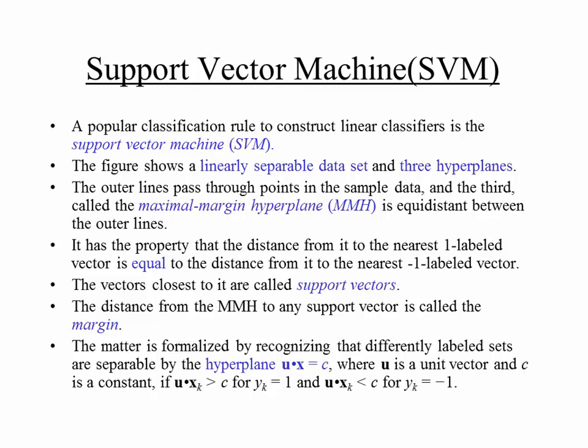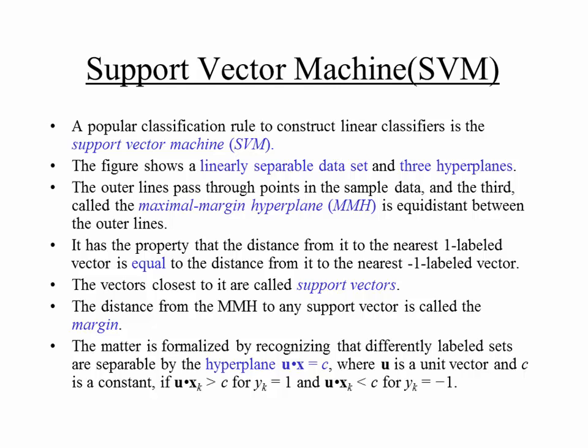A popular classification rule to construct linear classifiers is called the support vector machine. The figure that I showed you shows a linearly separable data set and it shows three hyperplanes. The outer lines pass through points in the sample data and the third, which is called the maximal margin hyperplane, is equidistant between the two outer lines.